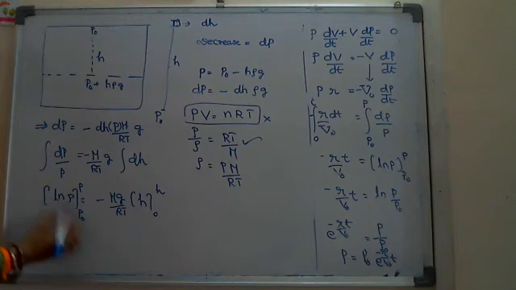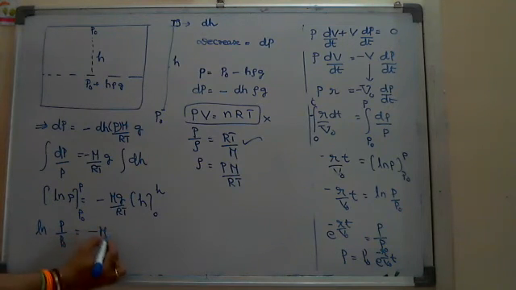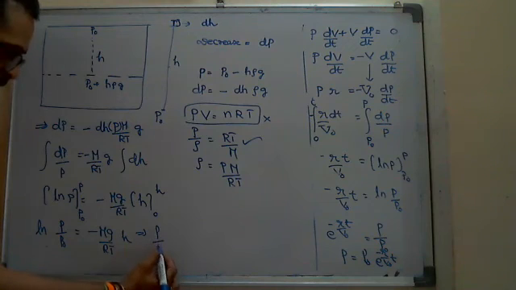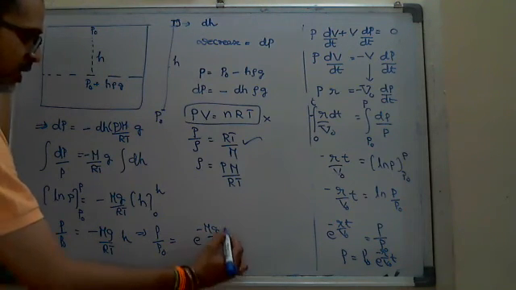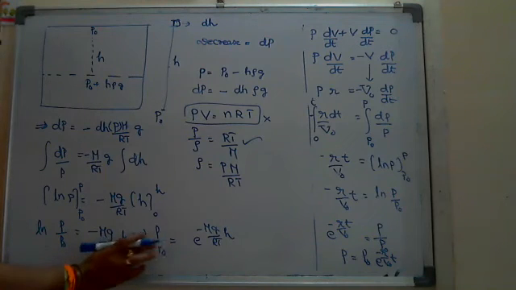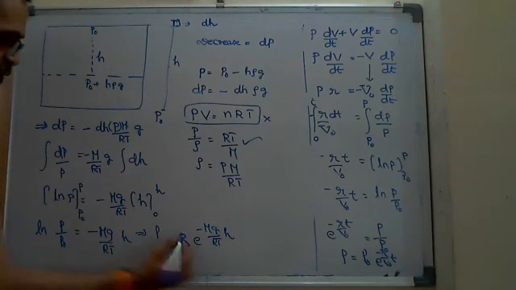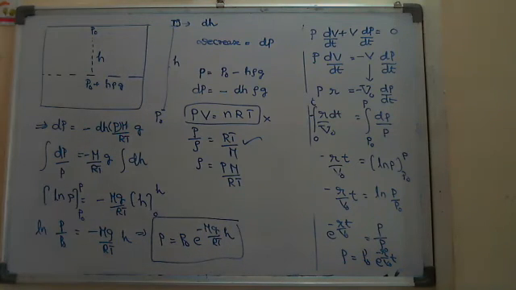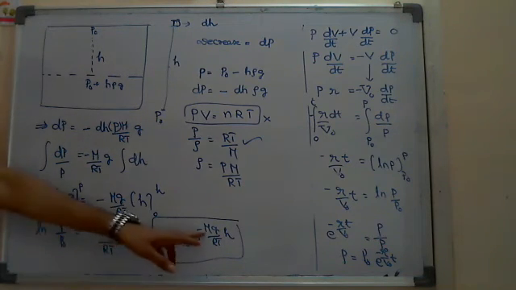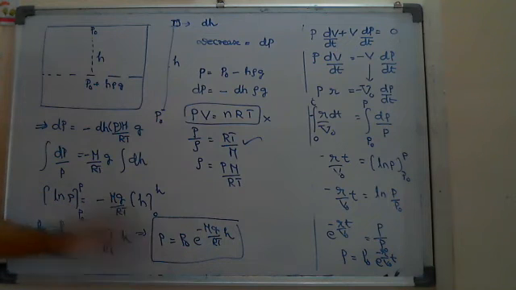Here this is log P minus log P naught, meaning log of P by P naught is equals to minus mg by RT into H. Therefore, P by P naught is equals to e power minus mg by RT into H. And this P naught, if I take to the other side, P is equals to P naught into e power minus mg by RT into H. Again, I am getting a negative exponential. Negative indicates again that pressure decreases with the increase of height.